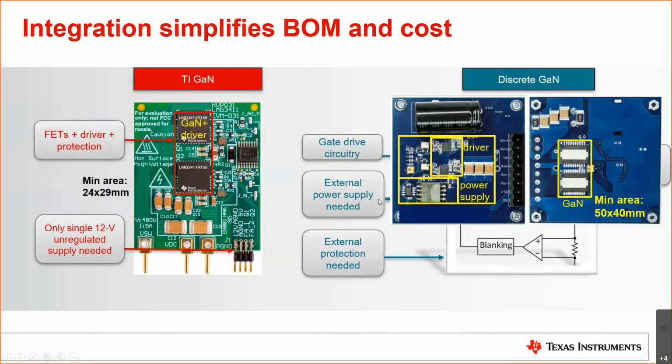If you compare this with a full discrete implementation, you see that the solution size will immediately be factor 3 if you have to take care of the driver, the isolated bias supply in general, and then not even taking the current sense for the protection into consideration. So all in all, it will bring you the technical advantages of driving the design in a more reliable and faster way, but it will also certainly help you to shrink the design and to achieve lower system costs.